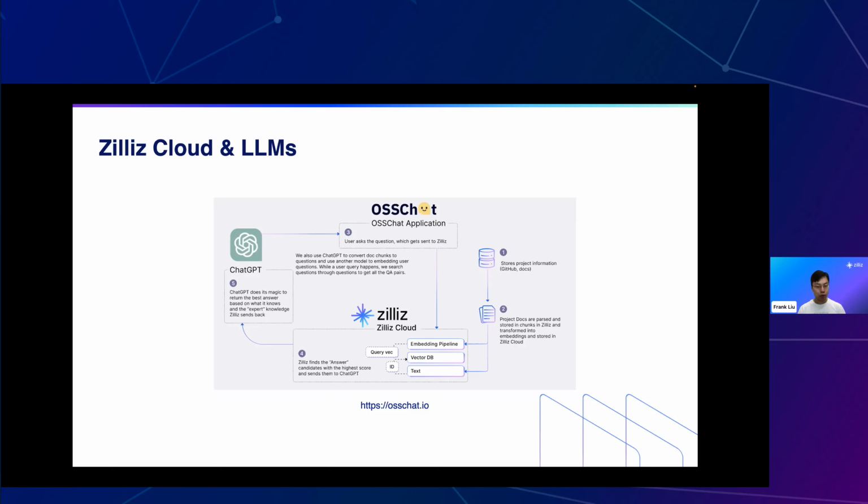Zilliz Cloud will retrieve the most relevant documents by doing this nearest neighbor search, and it'll get injected as a prompt into ChatGPT or whatever other LLM you decide to use, and it will be able to give you a more domain-specific response, a response that has more domain knowledge, that is more correct and much less prone to hallucinations. This is a very common pattern that we see today.